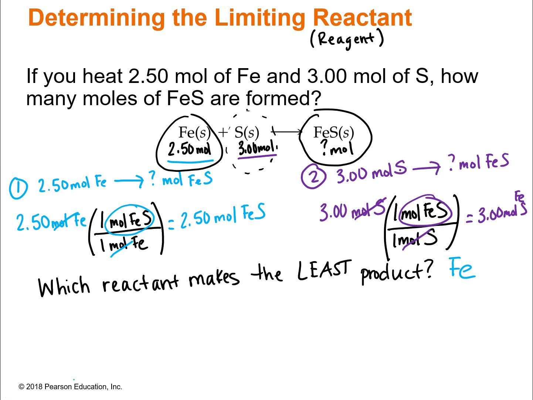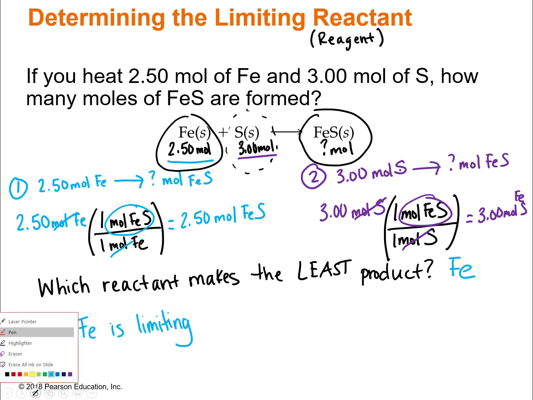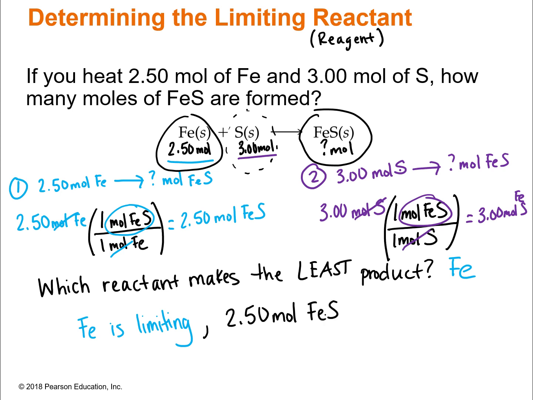So that means it is rate limiting. Or not rate limiting. Ooh, that's a whole different topic. It is the limiting reactant. The amount that we would make of our product is 2.5 moles of iron 2 sulfide.